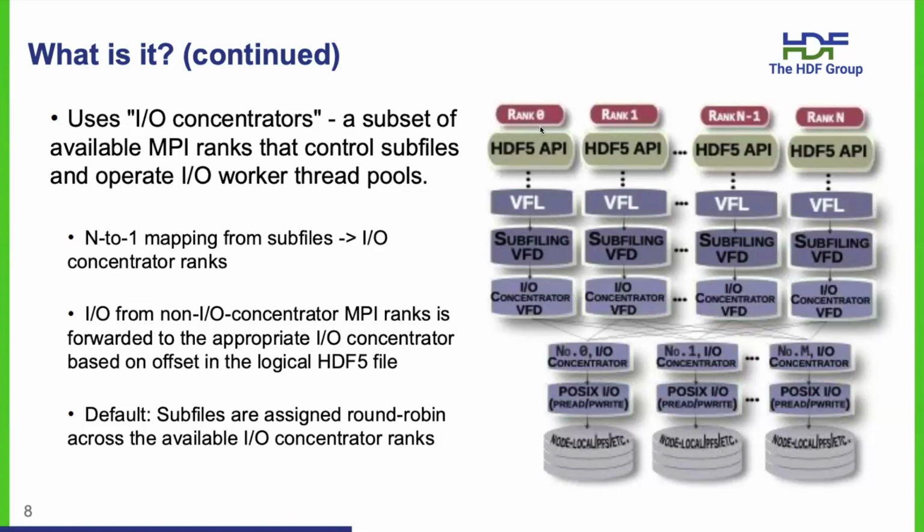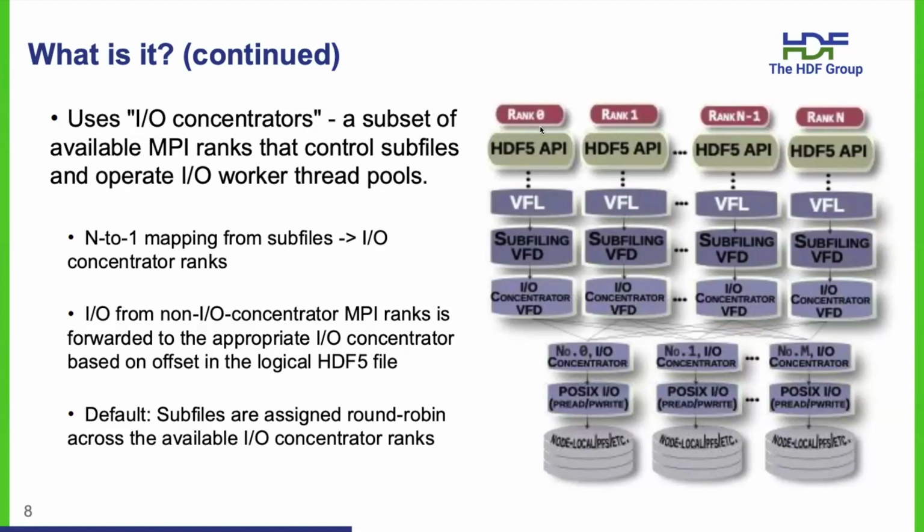Then you have the virtual file driver, the subfiling VFD, and that calls the IO concentrator, which collects all the IO from the other ranks on that node, coordinates with the subfiles to stripe it over all the disks, and then writes it out using POSIX calls.